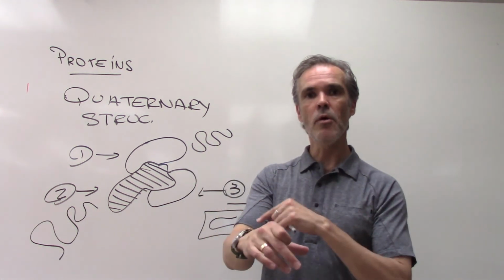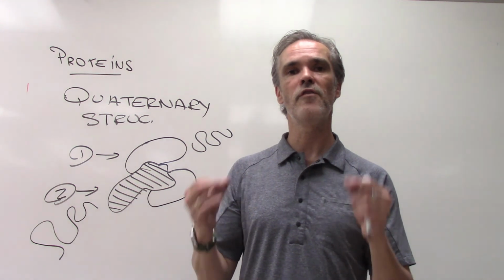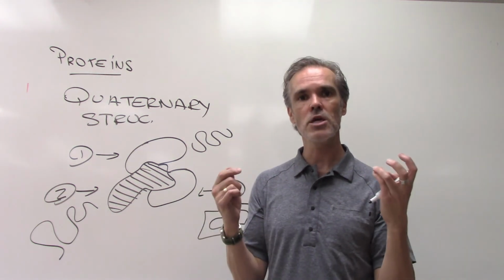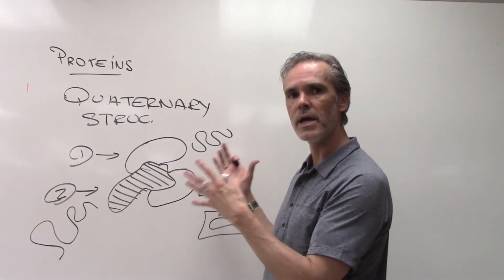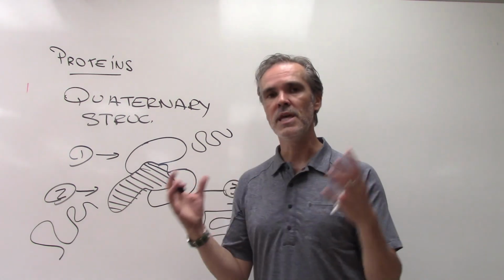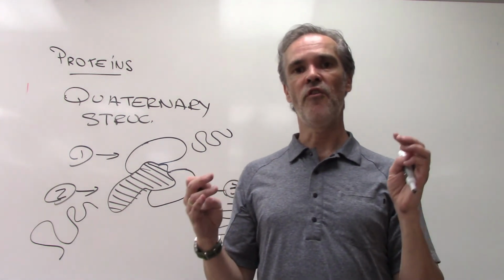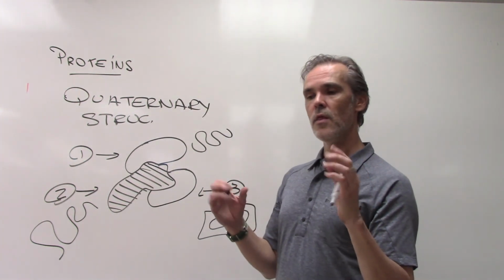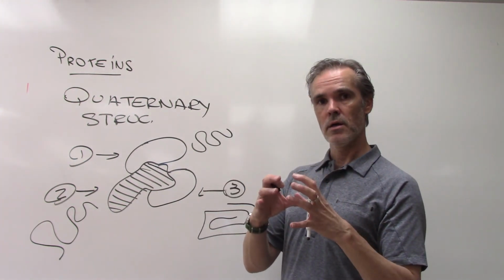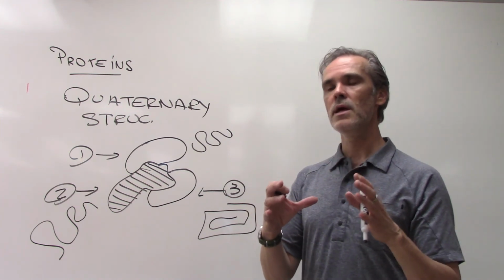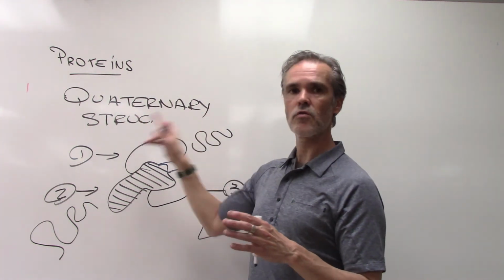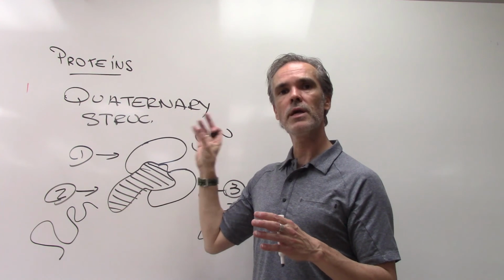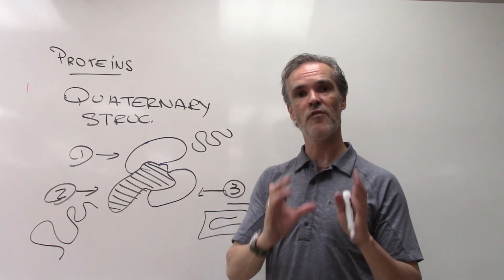Okay? The hemoglobin that is flowing through your veins right now, as you're scratching your head thinking, what did I get into here? The hemoglobin has 4 subunits connected with one another. So your hemoglobin has a quaternary structure, and that quaternary structure is super important for the function.